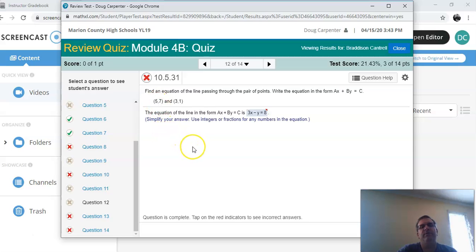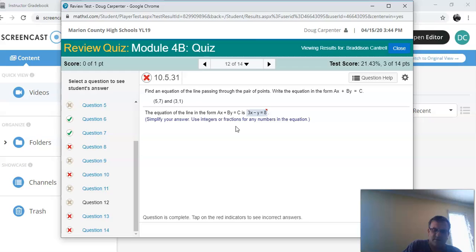X is 5. So 3 times 5 is 15. Y is 7. Something's not right here, so that should be positive 3. I'm seeing something that I'm not sure is correct.